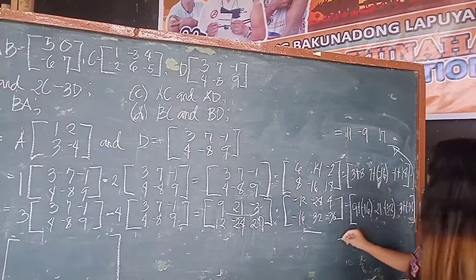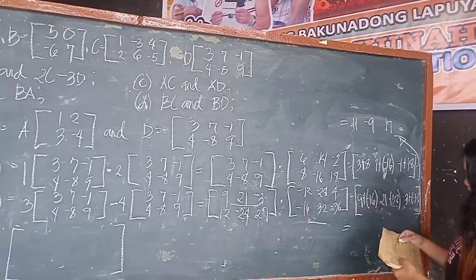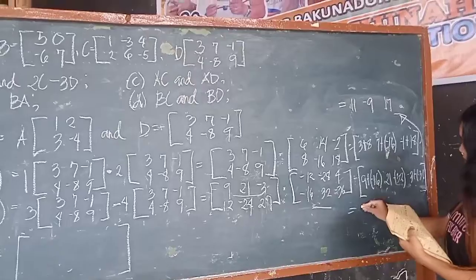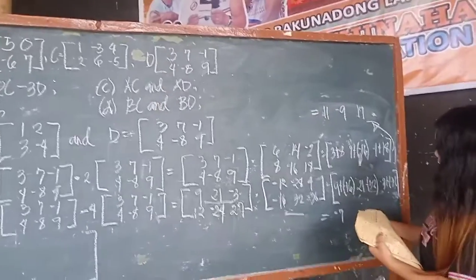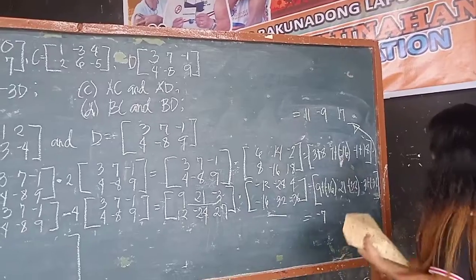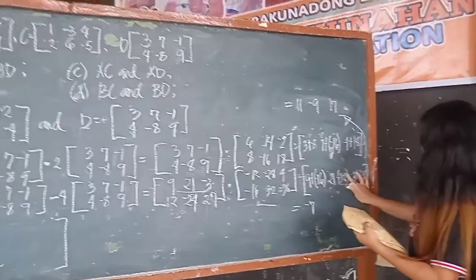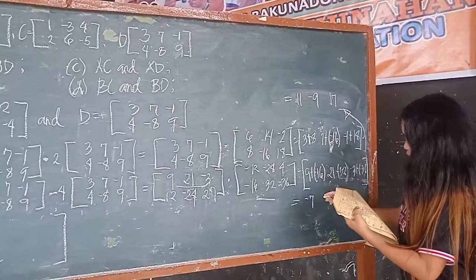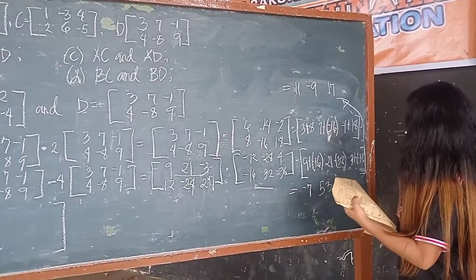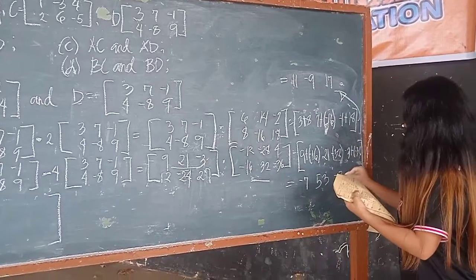So, therefore, the answer is 9 plus negative 16 equals negative 7. Then, 21 plus 32 equals 53. Then negative 3 plus negative 36 equals negative 39.